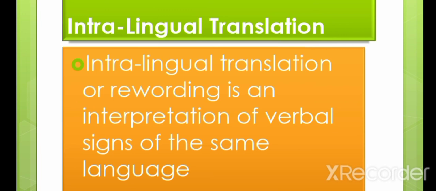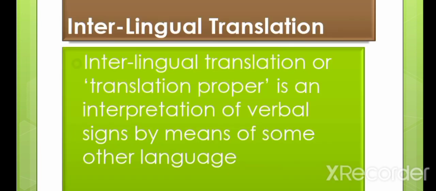Next we have interlingual translation, or translation proper. This type of translation is called proper translation, in which we follow the pattern adopted by translating properly. It is an interpretation of verbal signs by means of some other language.